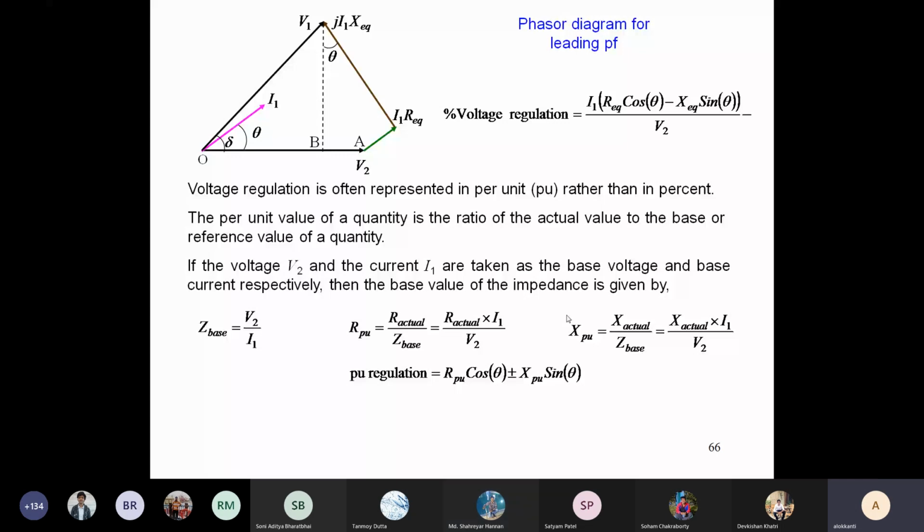We have defined it with respect to percentage, but as I am telling you, per unit is another way of representing the quantities, instead of the percentage. Okay, sir. Z base is a load plus Z equivalent or only load?